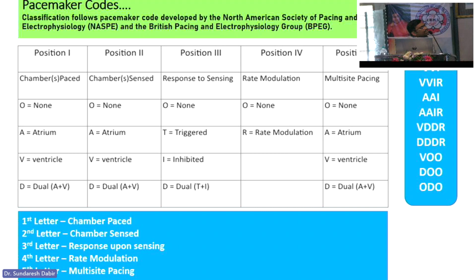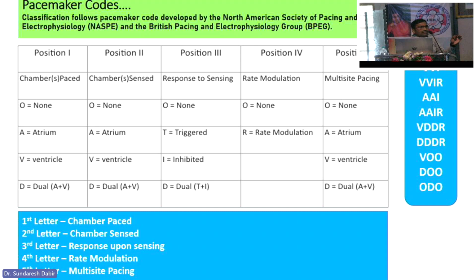Then the second D is sensing. The chambers are being sensed. If there are intrinsic waves in the patient, they can be sensed by the pacemaker. It can see the intrinsic activity in the heart, and it can inhibit the pacing. That is what the third letter talks about. It's a response upon sensing, which relates to the second part, chamber sensed.